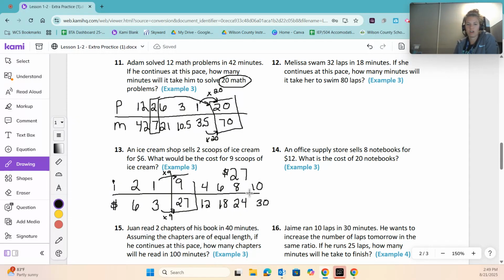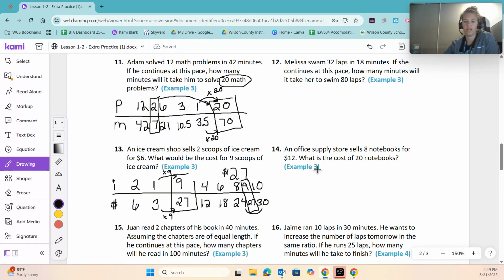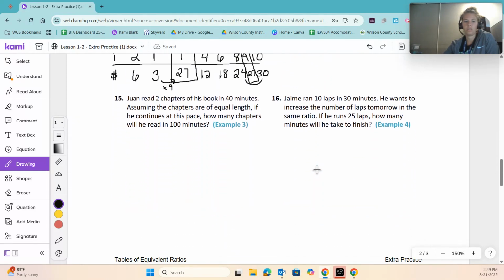And you try and figure out right in between the 8 and the 10 is 9. So if you go up 6 here, we would just go up 3 here and we would get our 27 for that in between number there. So that's one other way that you could use that table to solve. You can try numbers 12 and 14 on your own there, okay? And as well as 15 is very similar to that, okay?